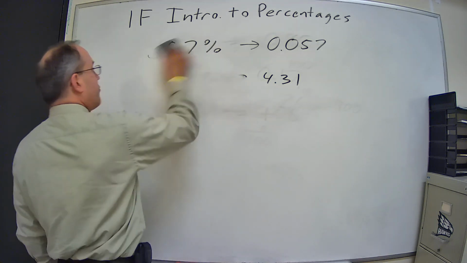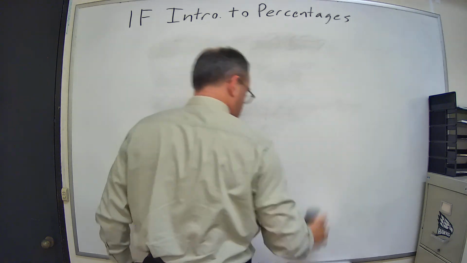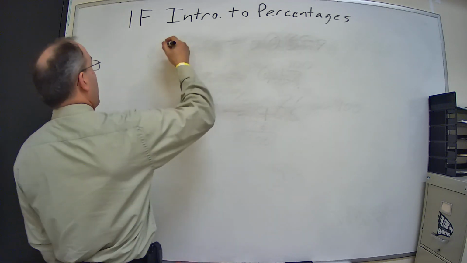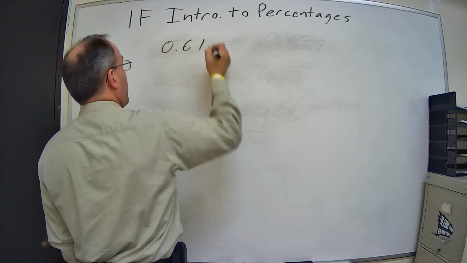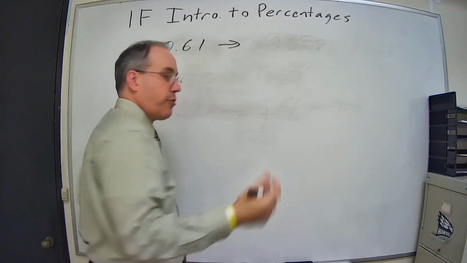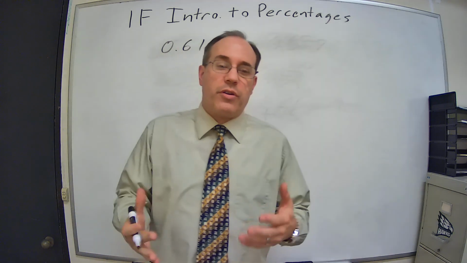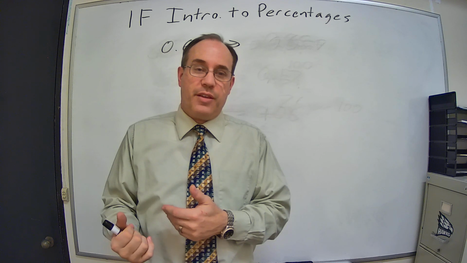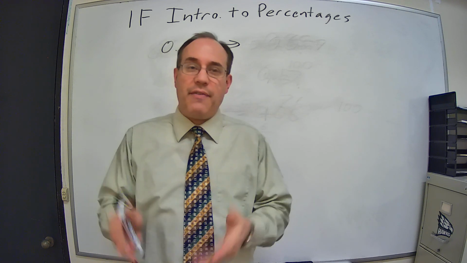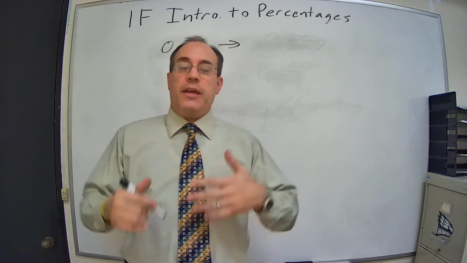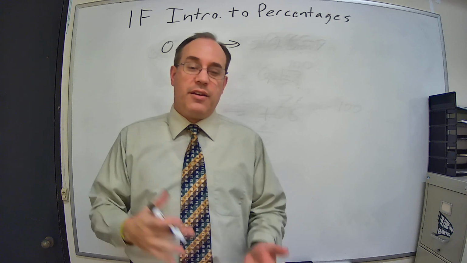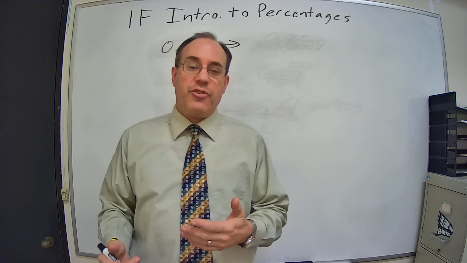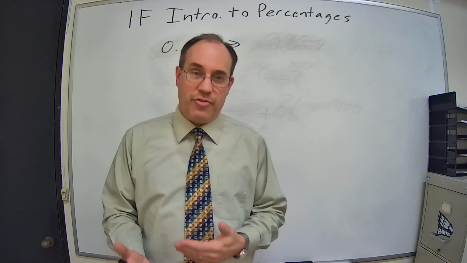We can also convert the other way, from decimals to percent. So let's say I have 0.61, and I want to convert that to a percent. Well, when you're converting from a percent to a decimal, you're dividing by 100. So you move that decimal point to the left 2 places. If you're converting from a decimal to a percent, then you're multiplying by 100.